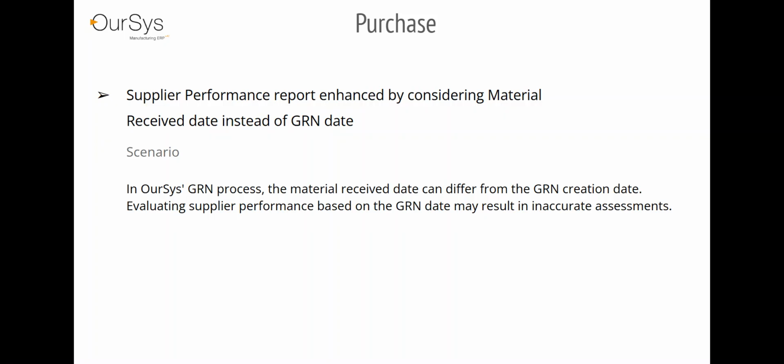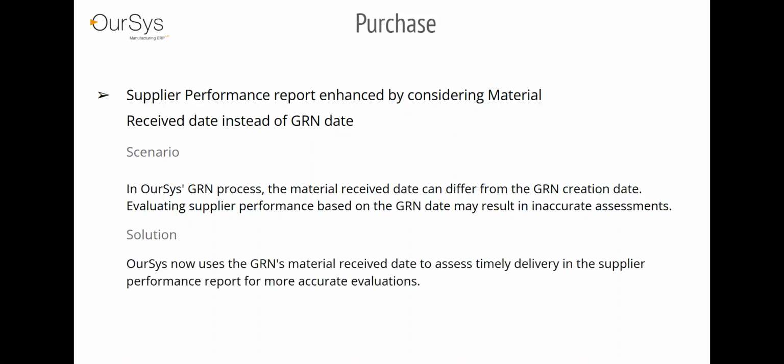Now, the supplier performance report was judged based on the goods receipt note date for timely delivery. It could result in incorrect evaluation. So, to address this issue, OurSys now uses the actual material received date recorded in the goods receipt note to calculate the timely delivery performance in the supplier performance report, making it more accurate.